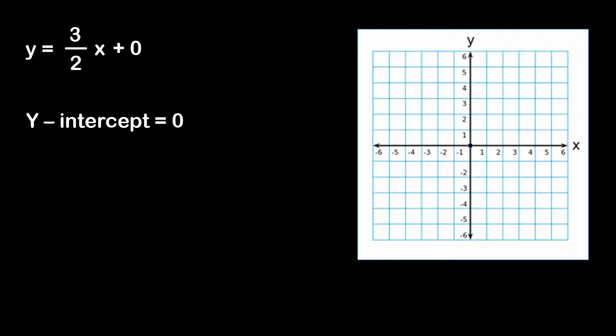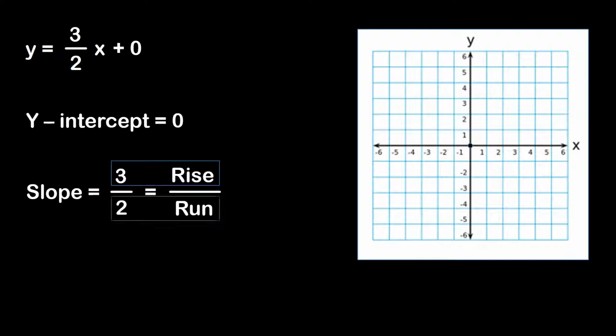So the slope in this case is given by 3 over 2, because m is 3 over 2. And we also know that the slope is rise over run. So we compare 3 over 2 with rise over run, and we see that the rise is equal to 3 and the run is equal to 2. And we can go back to our graph, and since the rise is 3, we know that y increases by 3, so we would sketch that.